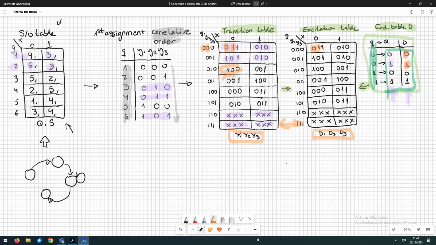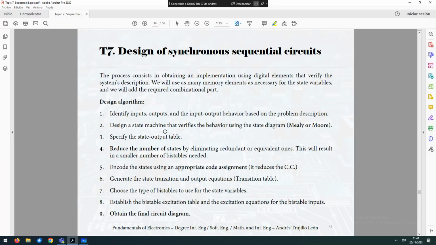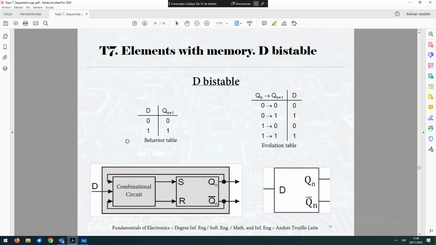If you look at all the cells, we have the same value. So only in the case of the bistable D, you can save one table, because the transition table and the excitation table are going to be the same, just because of the behavior of the bistable. The input is exactly the same as the value of the next state. So we can copy the table.